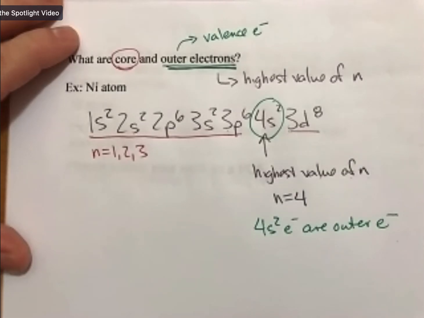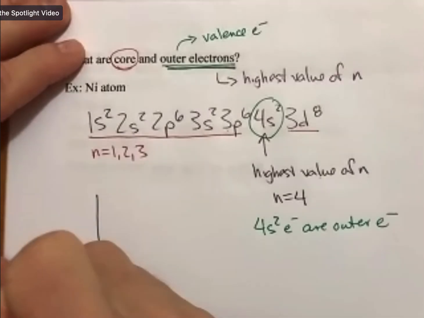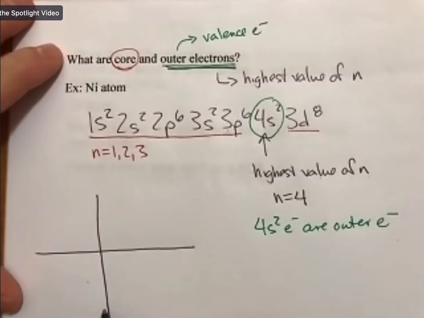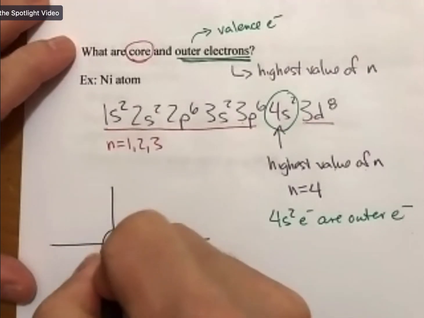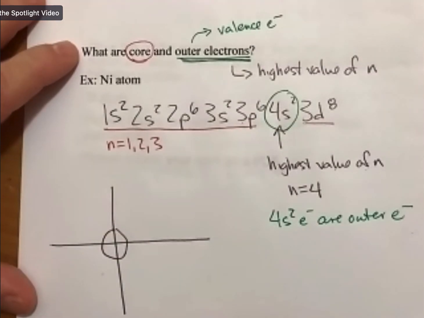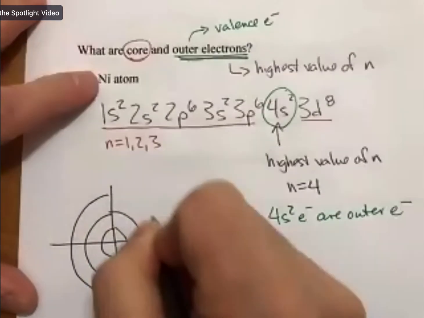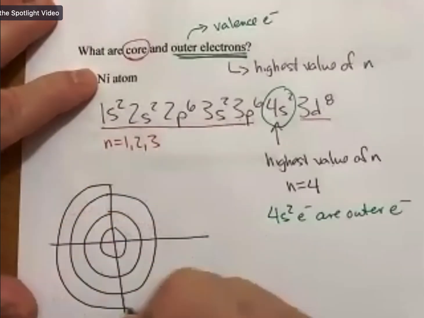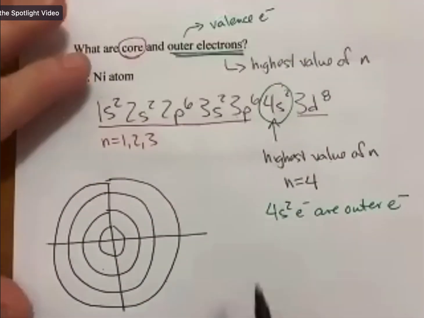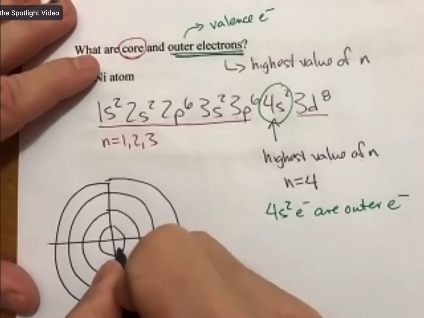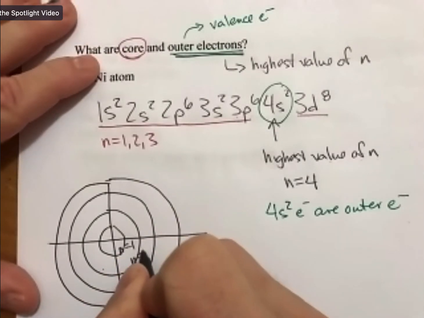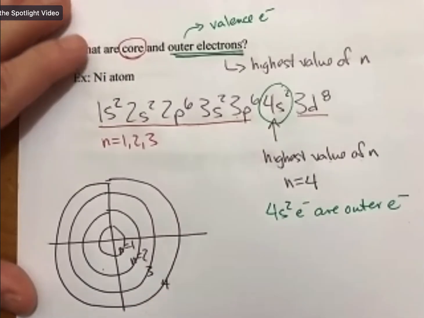And our picture of the atom, remember, has n equals 1 closest to the nucleus, n equals 2, n equals 3, and these are supposed to be spheres, but they're not exactly. So n equals 1, n equals 2, n equals 3, and n equals 4.